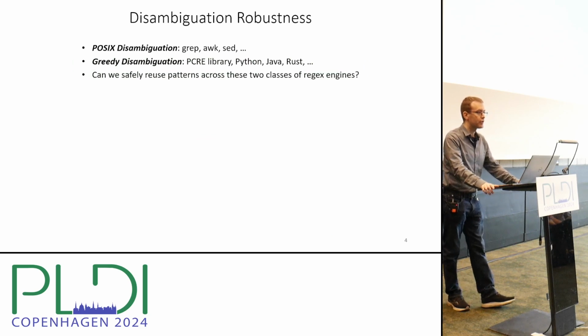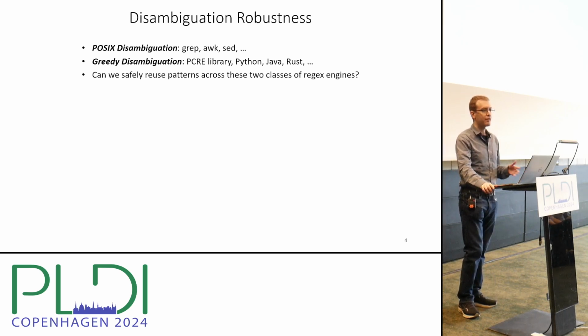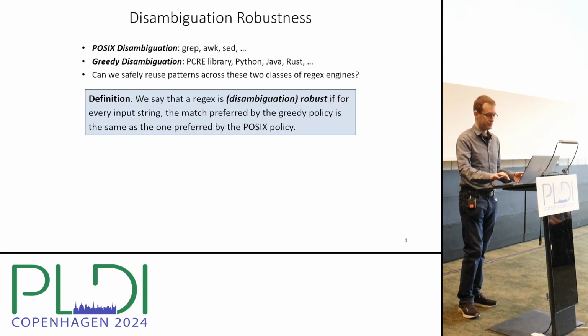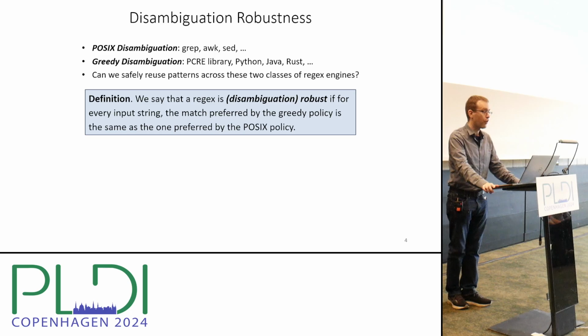The majority of regular expression engines out there either use POSIX disambiguation or greedy disambiguation. And this raises the natural question of whether we can safely reuse patterns across these two classes of regular expression engines. This notion of safe reuse is formalized as follows.